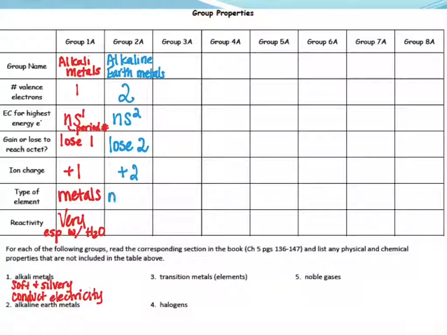Metals. And these are reactive. Reactivity is high, not as high as the alkali metals.